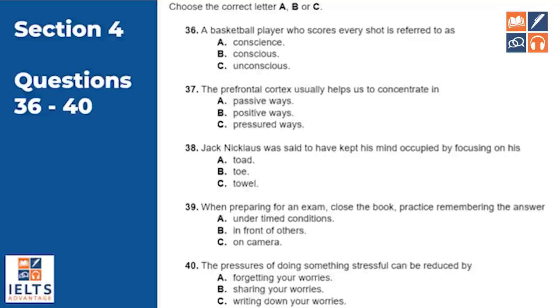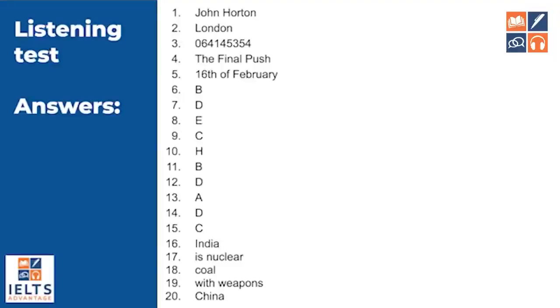That is the end of the test. As promised, here are the answers. Good luck. Number 1, John Horton. Number 2, London. Number 3, 064145354. Number 4, the final push.